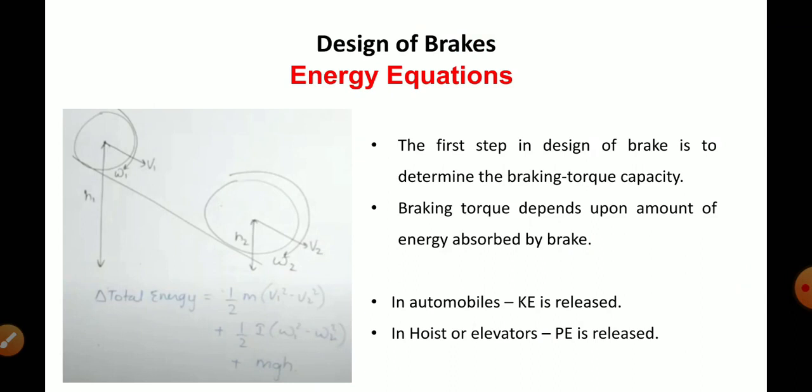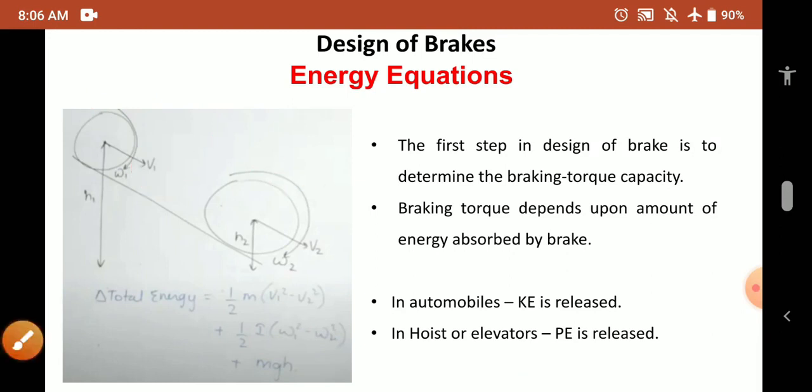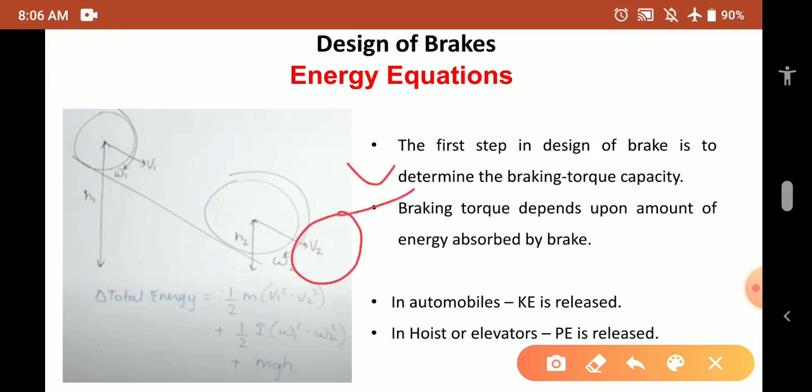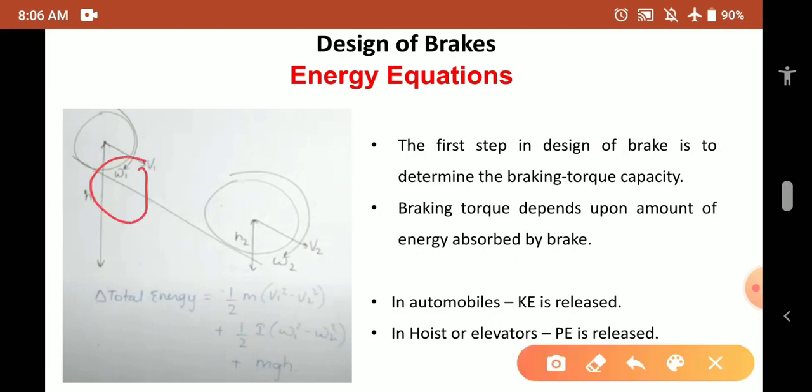Now we will see here, this is one object, okay, which is moving with linear velocity v1 from this point number 1 to this point number 2. This object is moving with velocity v2 at the second position. Similarly, this object is rotating with angular velocities omega 1 and omega 2.